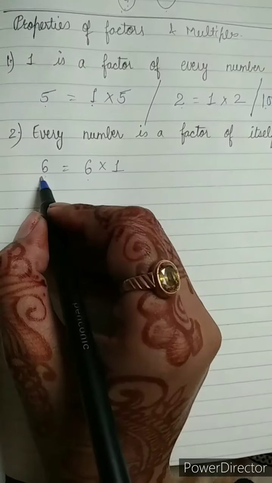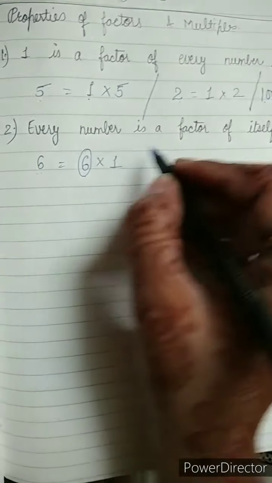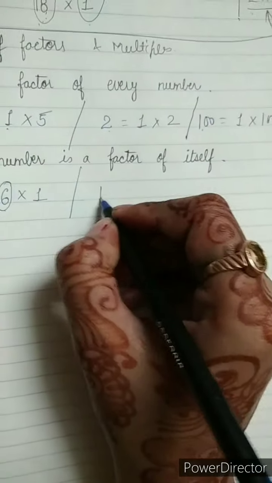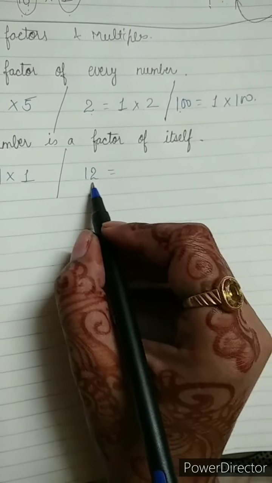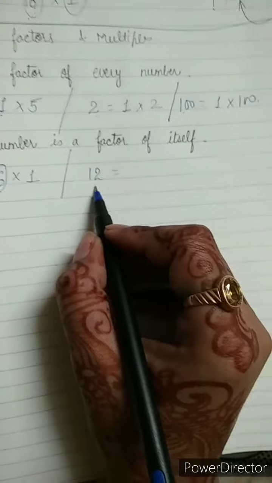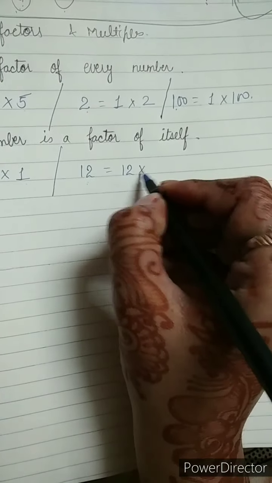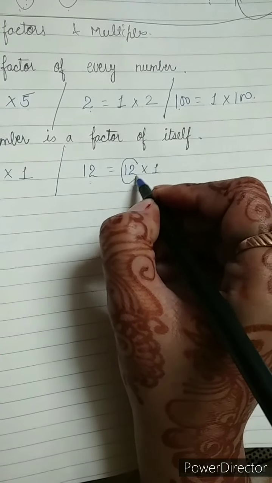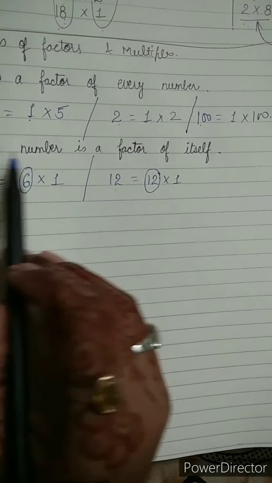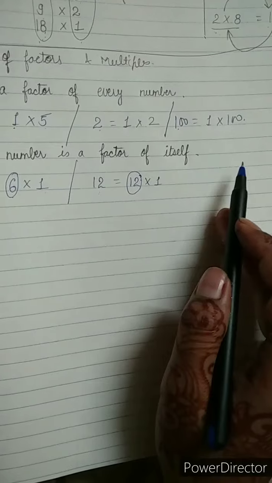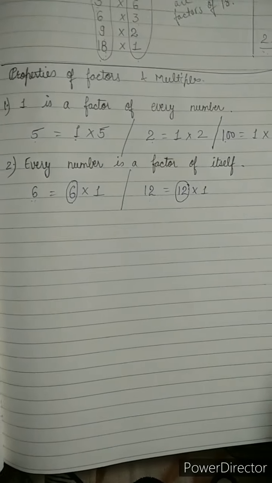So 6 1s are 6. 6 is also a factor. If I take one more example, 12. In the table of 12, 12 is coming or not? Yes, 12 is coming, and its factor is also 12. That's why every number is a factor of itself.